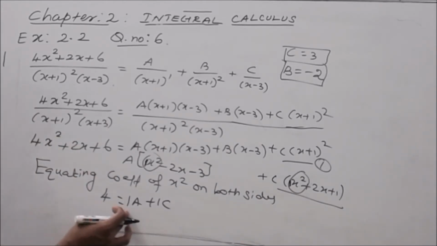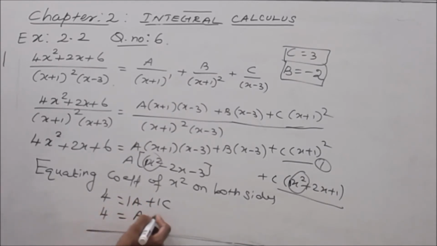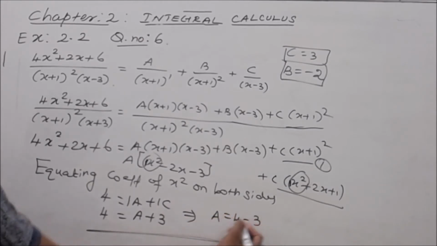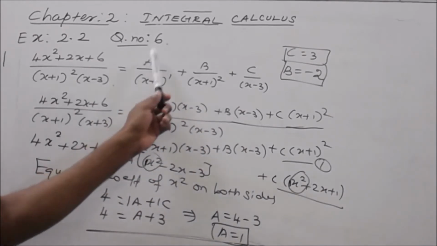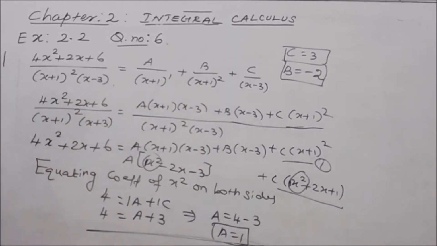Now substituting the value of c here, 4 equal to a plus 3, which implies a equal to 4 minus 3. Therefore a equal to 1. We found all the values of a, b and c. Now substituting in this, we will get the split fractions, the whole fraction split.